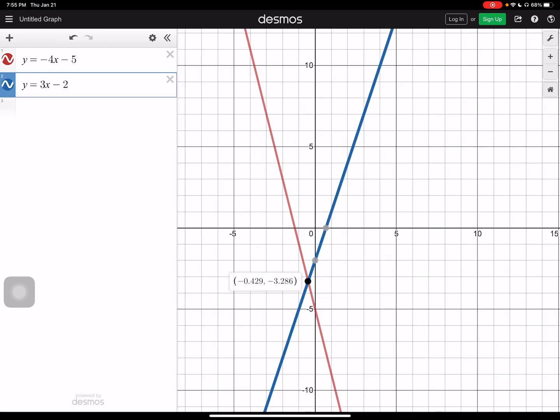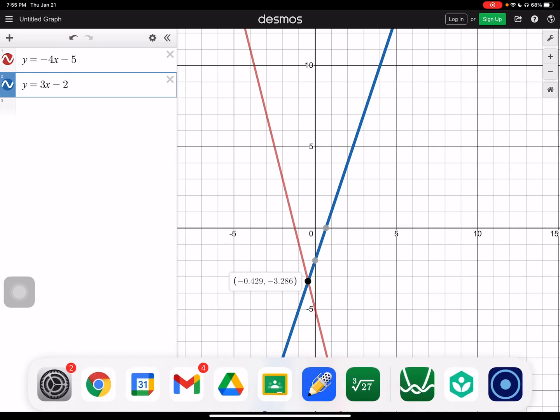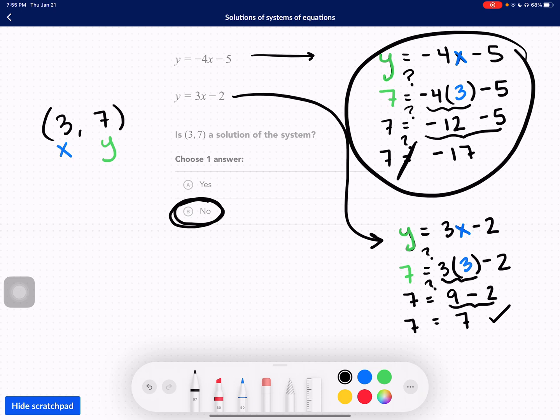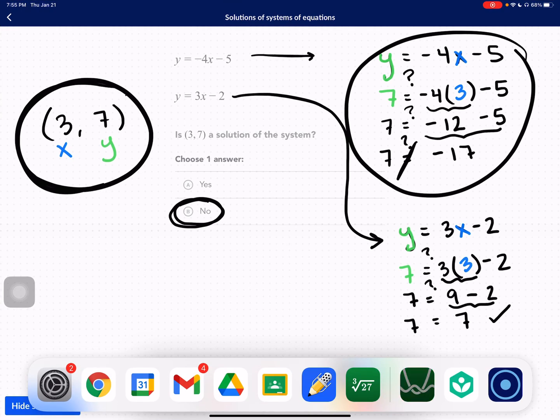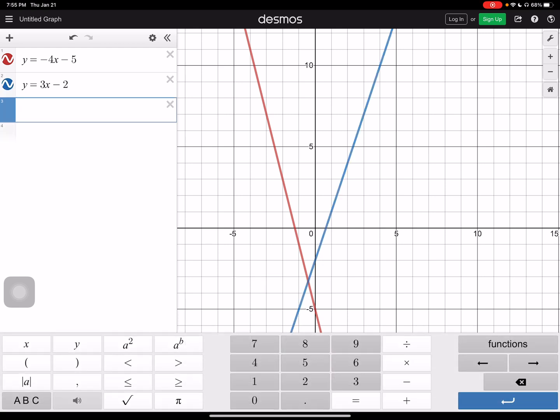So they do intersect, but that is definitely not the point that we were testing, right? We were asked, is 3 comma 7 a solution? If we look here and we plot the point 3 comma 7, that point is on our blue line, right? Which is y equals 3x minus 2. And we got that it was a solution to that equation only.